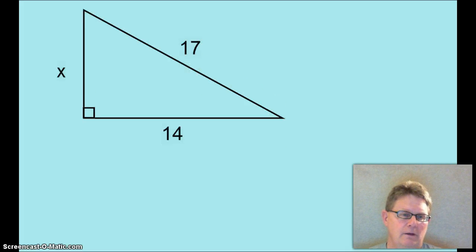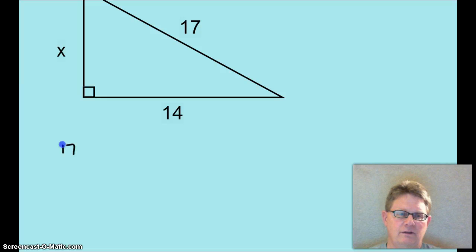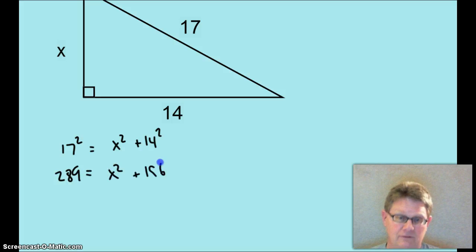Your equation is 17 squared equals x squared plus 14 squared. 289 equals x squared plus 196.